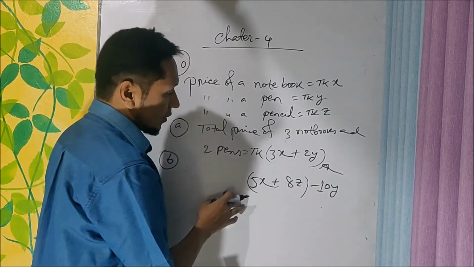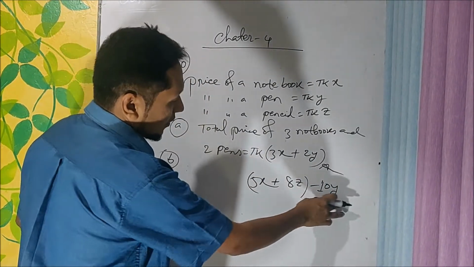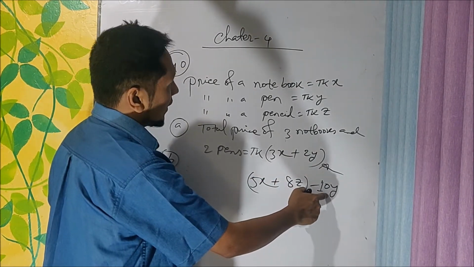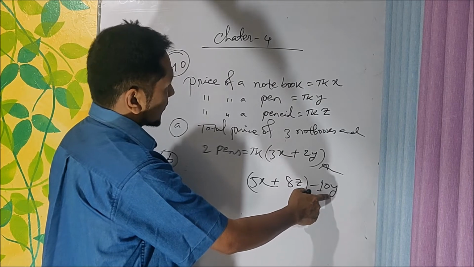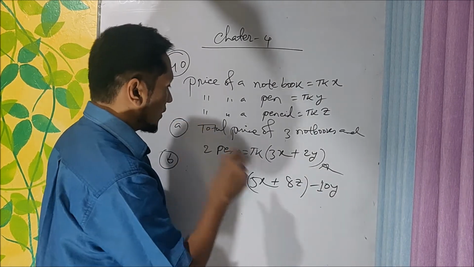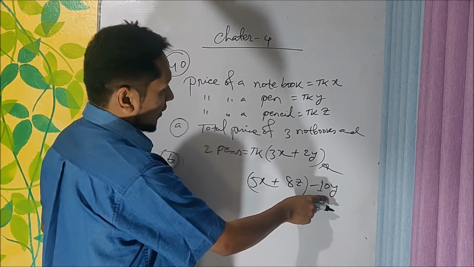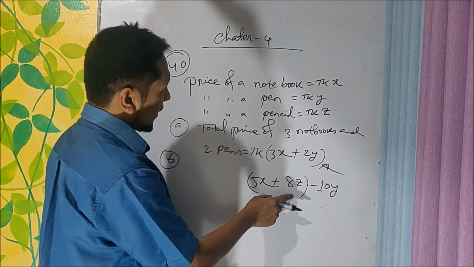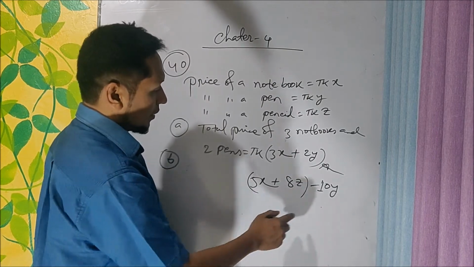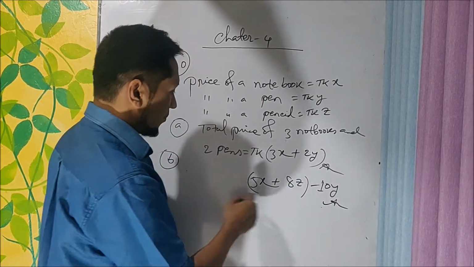It will give the expression, the price of 10 pens deducted from the price of 5 notebooks and 8 pencils. This will be the answer of part B.